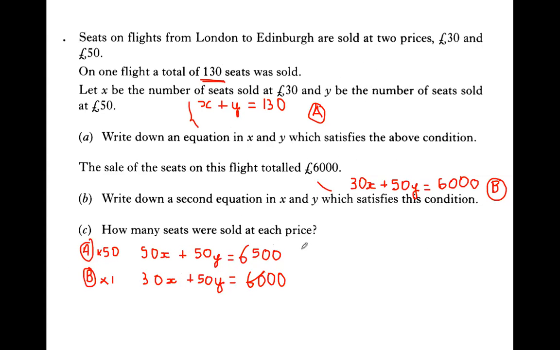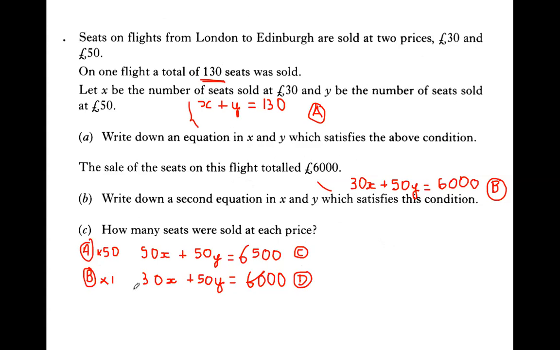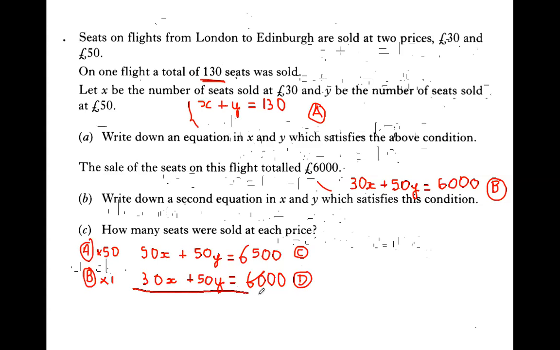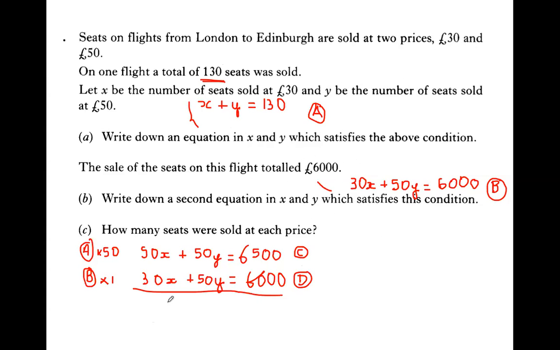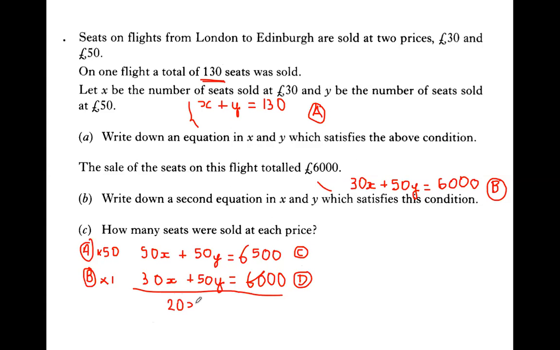Now we've got C and D. We're just going to do C minus D. 50 minus 30 is 20x. The y's are gone. Equals 500.